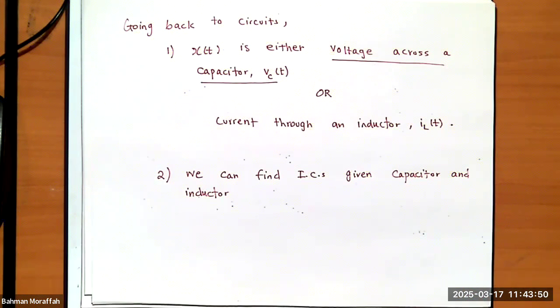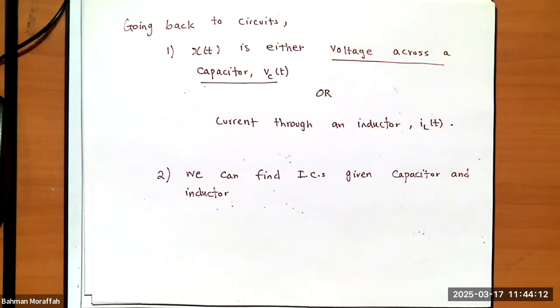But how? At time infinity, remember, the times that we're interested in are time infinity and some time, for example, 0. At time infinity, everything is in the steady state condition, right?